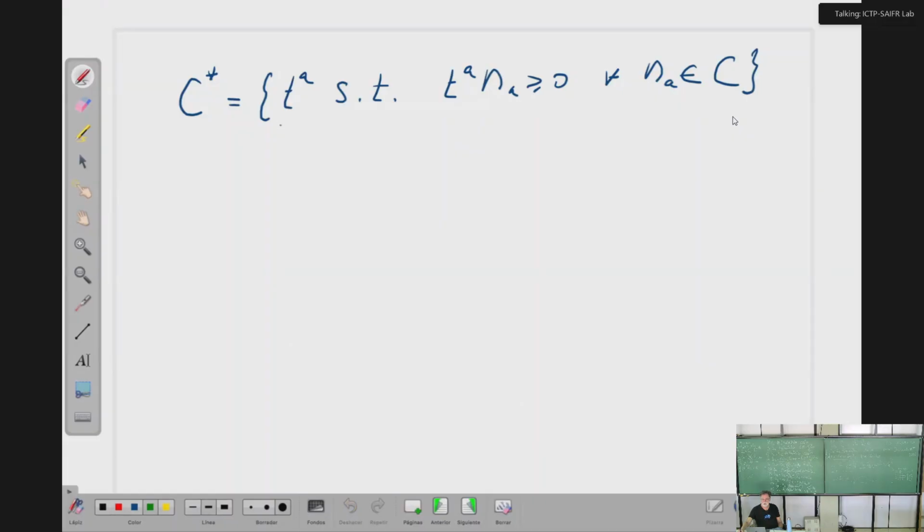So these are arrows, such that T with N_a is positive for all N_a belonging to C. And these are cones too, because if alpha T plus beta T prime times N_a, if this is positive and this is positive and these are positive numbers, this is also positive. So this is a real cone of vectors, of arrows, right?